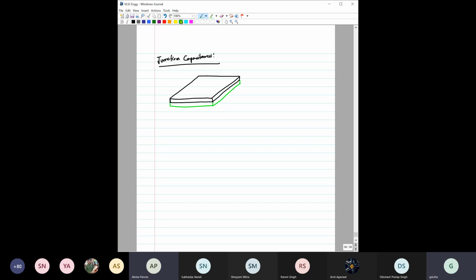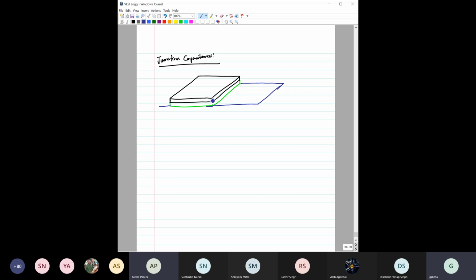And now we have to plot this drain, right? I hope you are getting my point of what I am trying to draw. So this is the drain side, and this is the region.